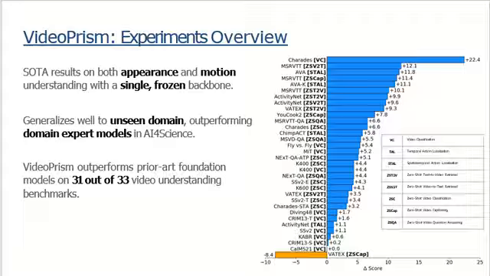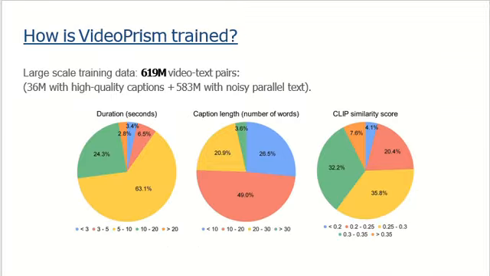Now, moving forward to how VideoPrism is trained. So the strength of VideoPrism can also be attributed to its massive and diverse training dataset, that is a total of 619 million video-text pairs. These are divided into 36 million high-quality human-annotated videos which are used in stage 1 for contrastive learning.